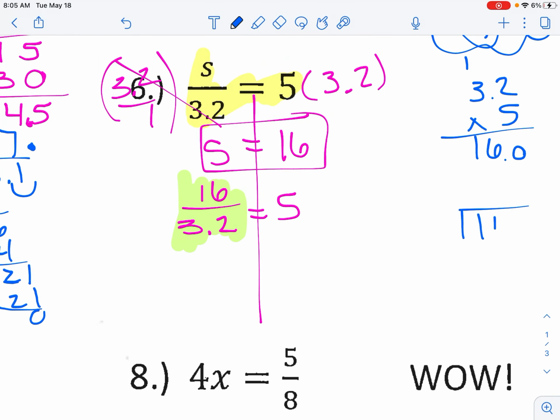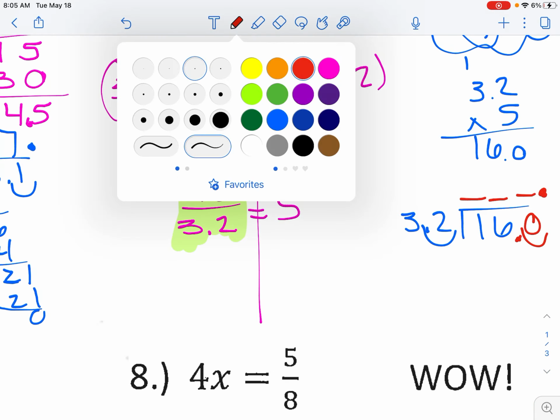So is 16 divided by 3 2/10 equal to 5? Well, I've got to slide my decimal over, which means over here, I have to add a decimal and a 0 and slide it over. So my decimal is going to be sitting here. So I have to have 1, 2, 3 digits in my answer.